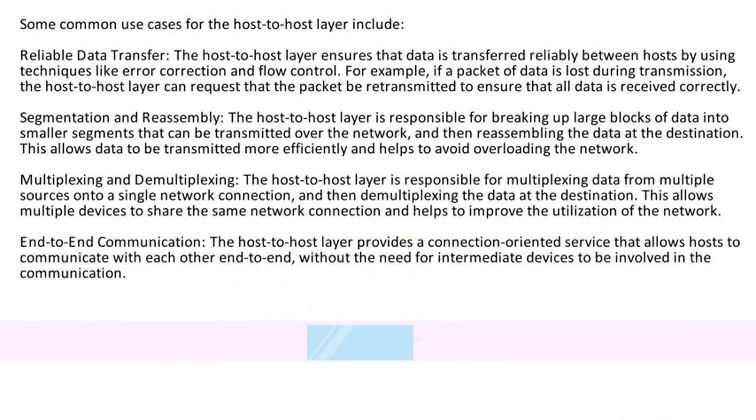The host-to-host layer ensures that data is transferred reliably between hosts by using techniques like error correction and flow control. For example, if a packet of data is lost during transmission, the host-to-host layer can request that the packet be retransmitted to ensure that all the data is received correctly.